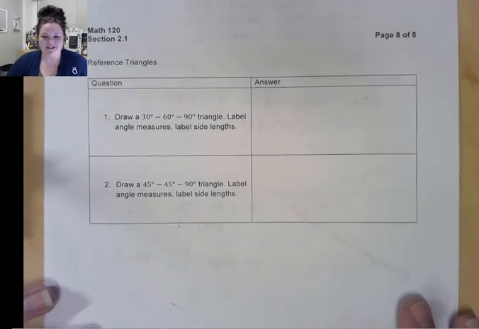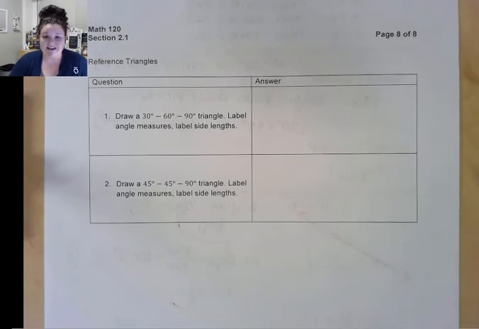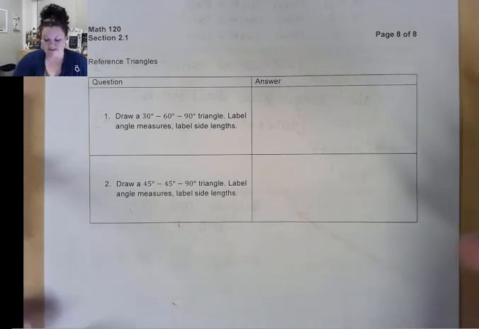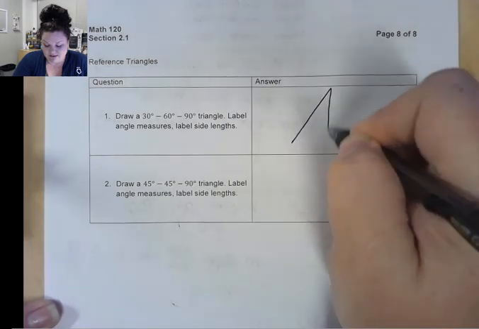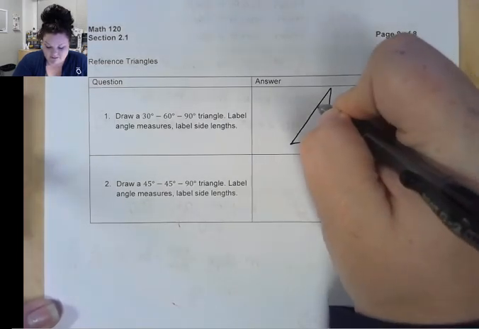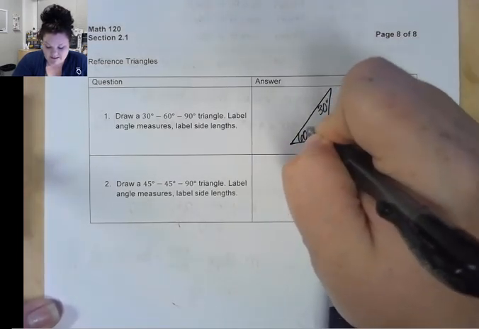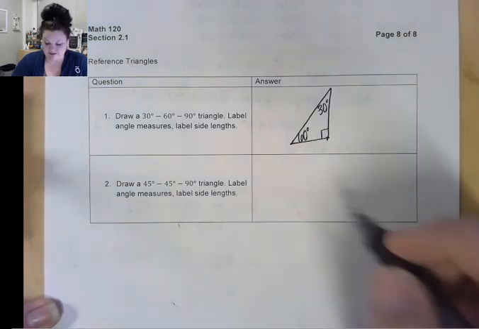On the very back page here, on page 8, this is just a little spot for you to be able to see if you can draw and label the 30, 60, 90 triangle and the 45, 45, 90 triangle. So I encourage you to pause the video and, without looking back at your notes, see if you can label it, right? So I would just draw it. Here's my 30, here's my 60, here's my 90, right?